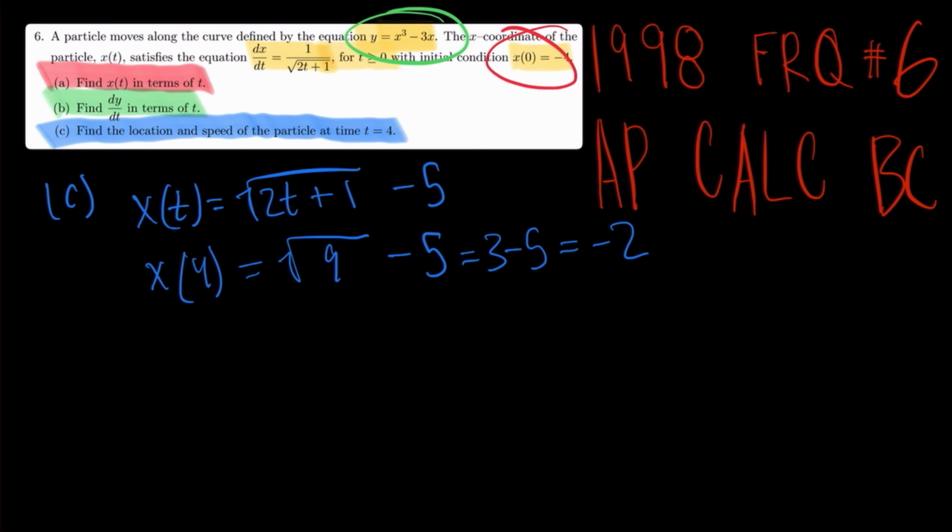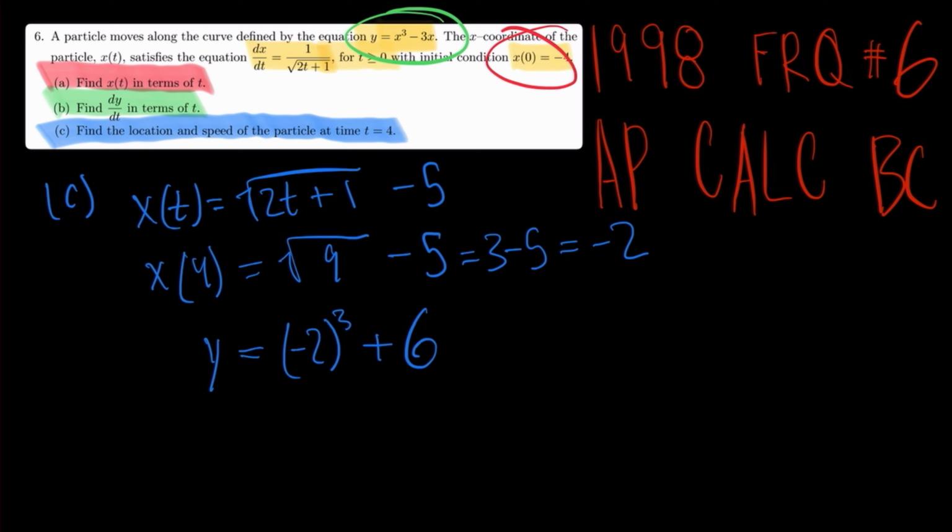Then if we plug in negative 2 for x in the y equation, we will get our y coordinate. So we will have y equals negative 2 cubed plus 6. And remember, we are adding 6 because we have a negative 2 multiplied by a negative 3.